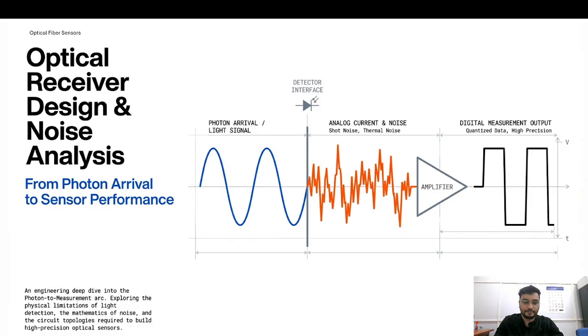So first, we'll start from the photodetector. What are the things in that?